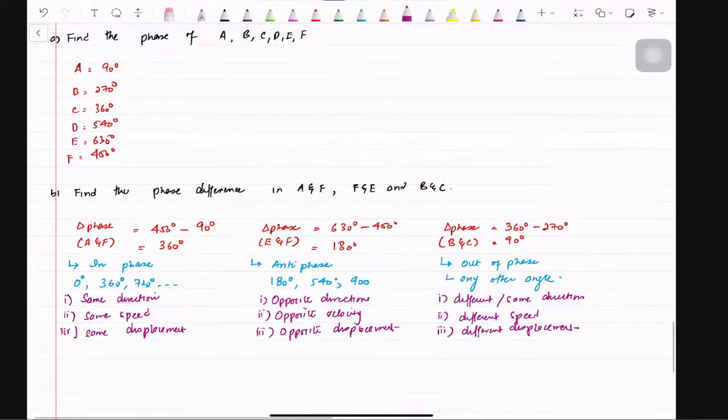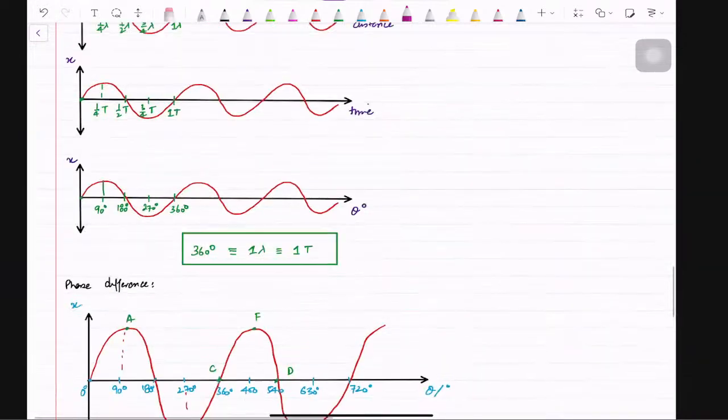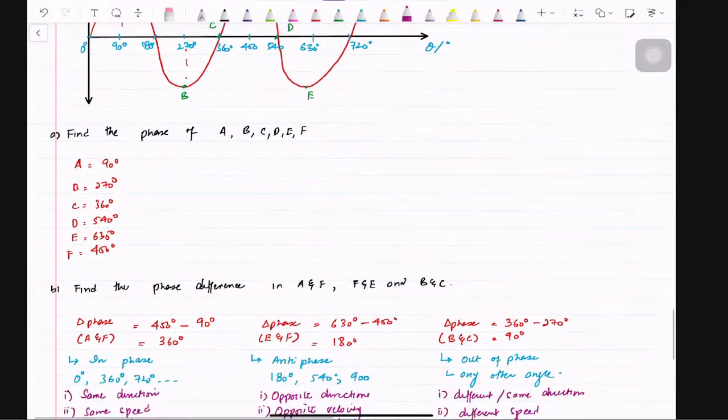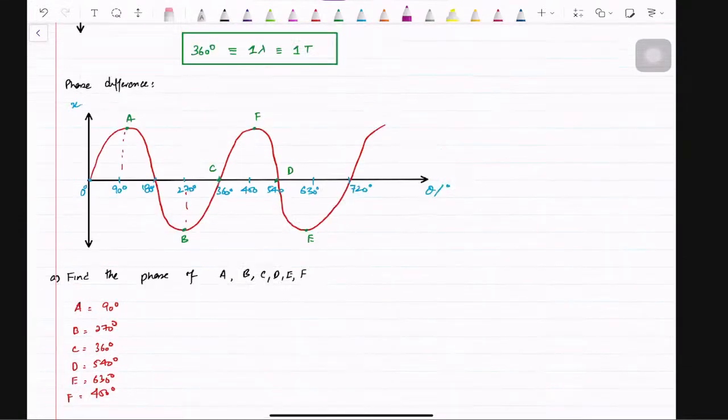So, if you look at this graph, we're looking at A and F. You see, A and F are at the same displacement right now, isn't it? Also, they have the same direction, as both are going to go down after this. And both will have the same speed as well.